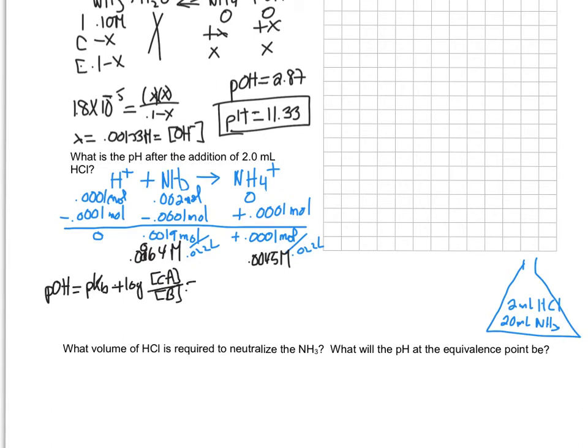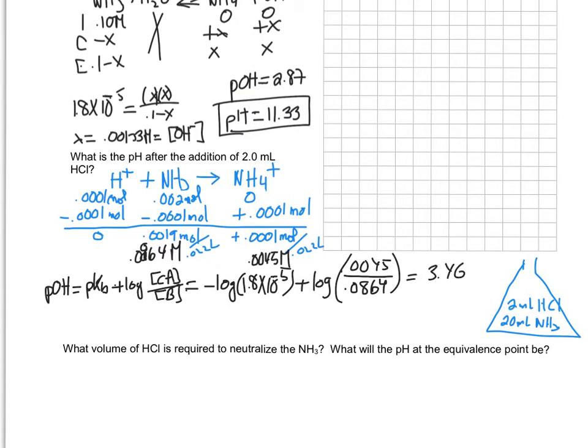So the pOH is equal to negative log of the Kb, which is 1.8 times 10 to the negative fifth, plus log of my conjugate acid, 0.0045 molar, over my base, 0.0864 molar. And so my pOH ends up being 3.46, and therefore my pH is 10.54.